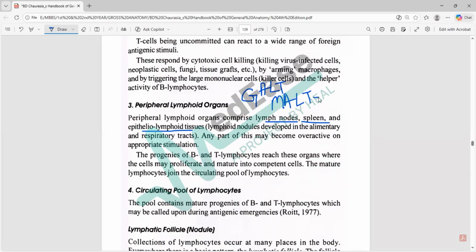However, MALT is also the term normally used in the GIT as well for the Peyer's patches in the ileum mainly. Okay, so the epithelial lymphoid tissues will be the collection of the lymphoid organs in the epithelial tissues.